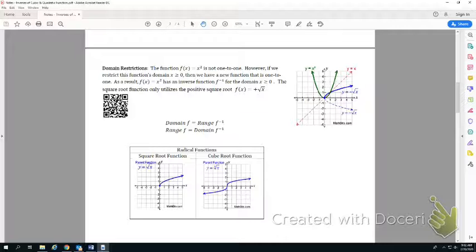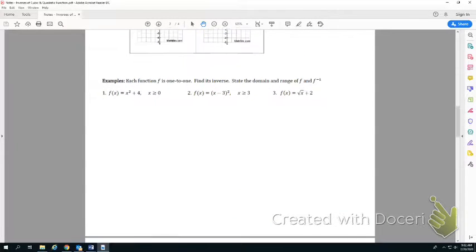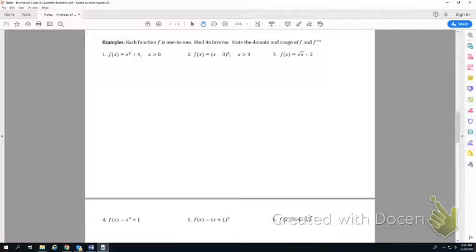Okay, so a lot of that is just conceptual stuff of where the square root function comes from, why it looks like the top part of a parabola, because essentially it is, just turned sideways.